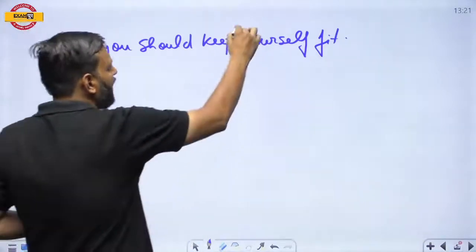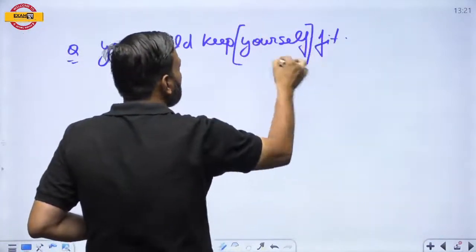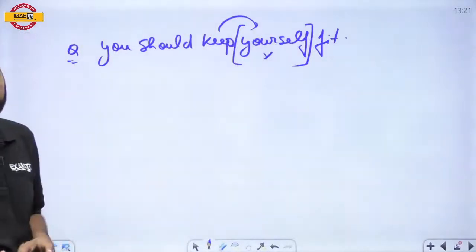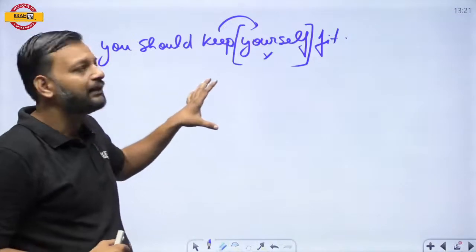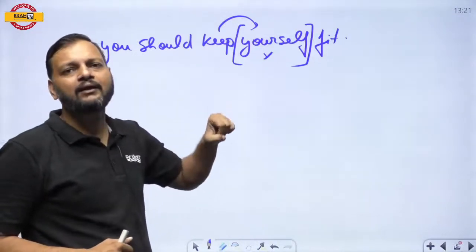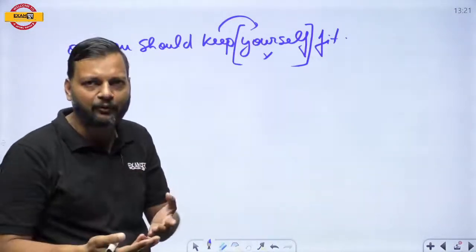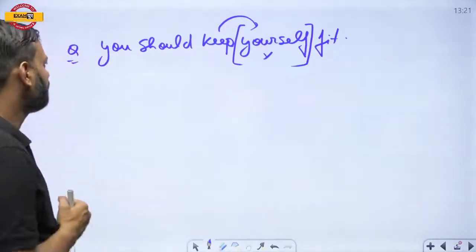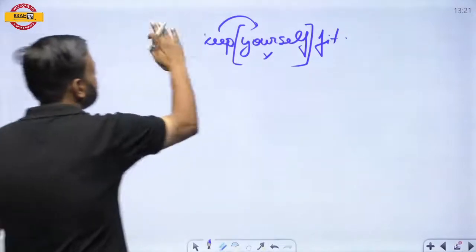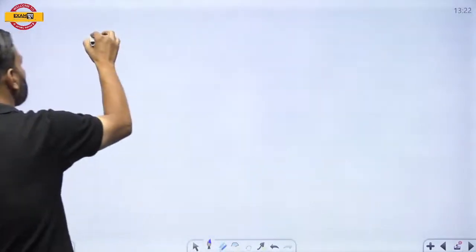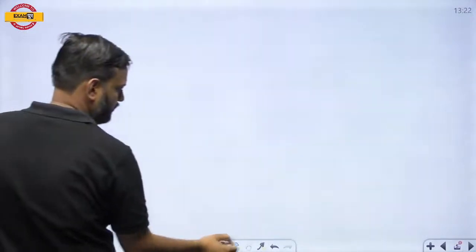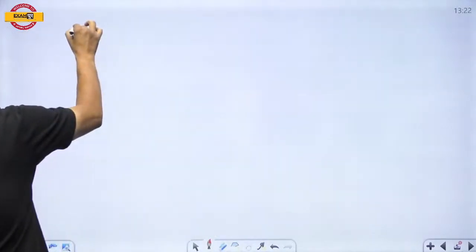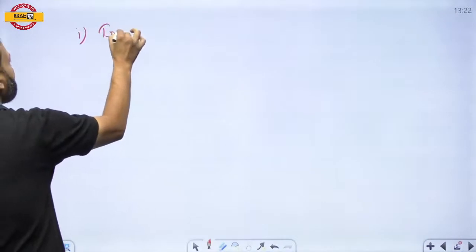But after keep, yourself is wrong, because keep is an ergative verb, right? Now why can keep not be followed by yourself or a reflexive pronoun? Let me give you a very good concept about it. See, we have a transitive verb.